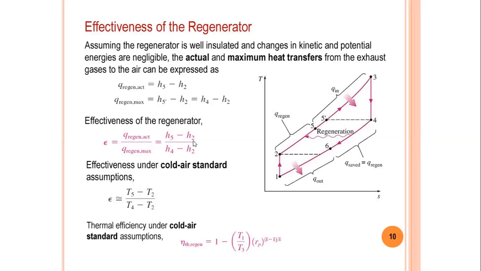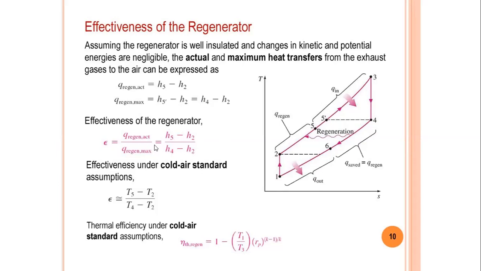It means state 5 would be equal to 4, so this point would shift to this point. Then H5 would be equal to H5 dash, and H5 dash would be equal to H4. So H4 minus H2 upon H4 minus H2 is equal to 1.